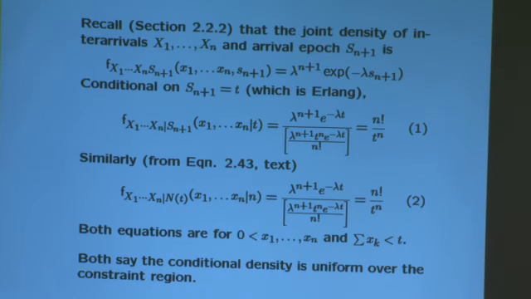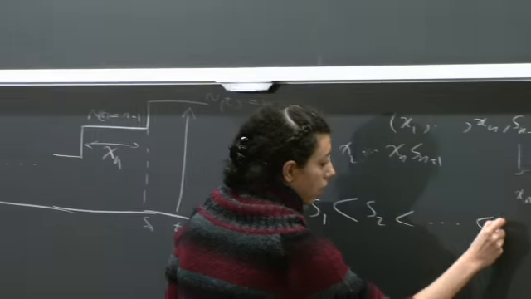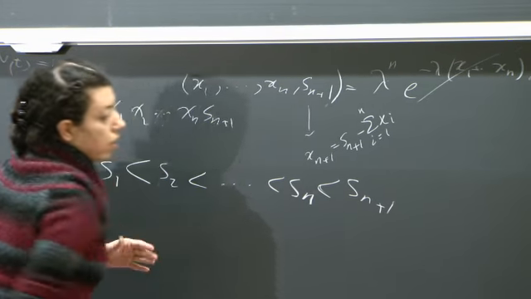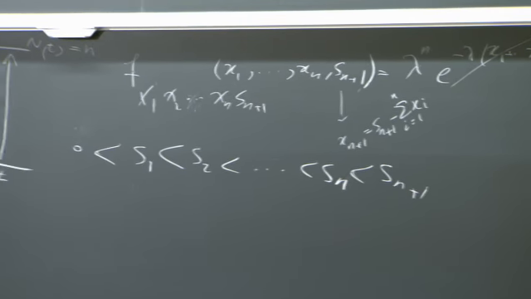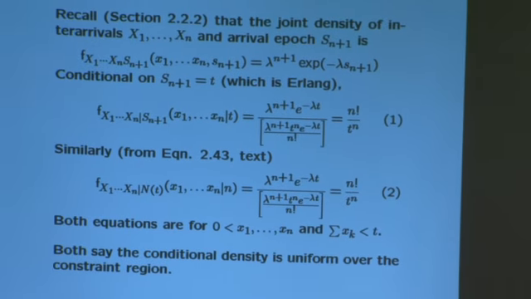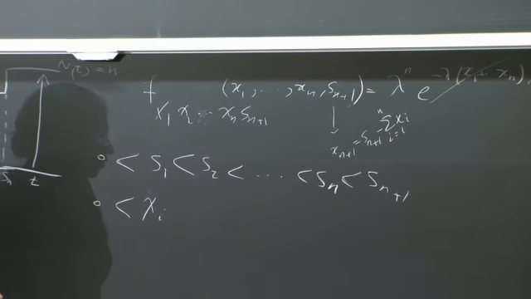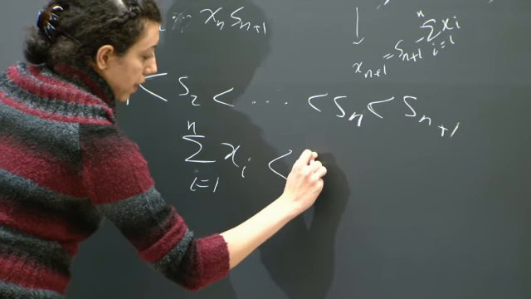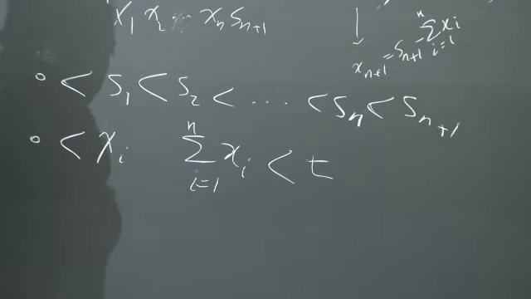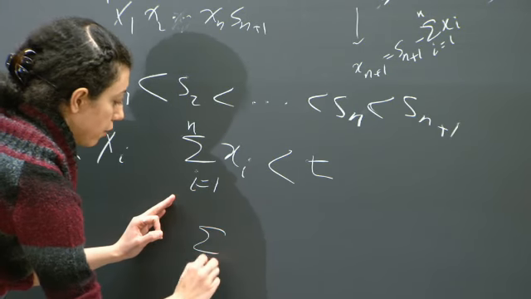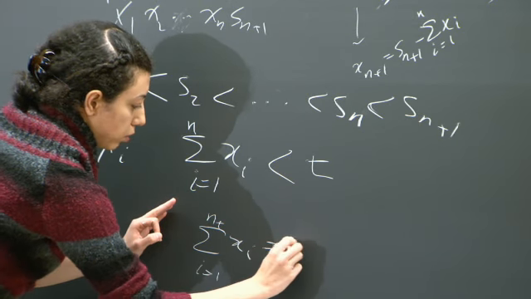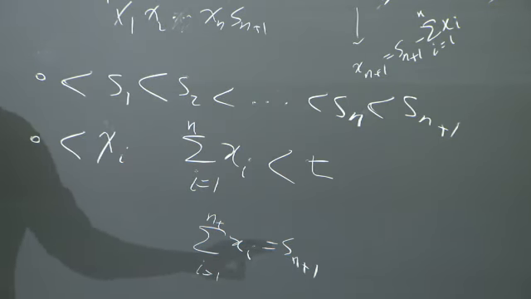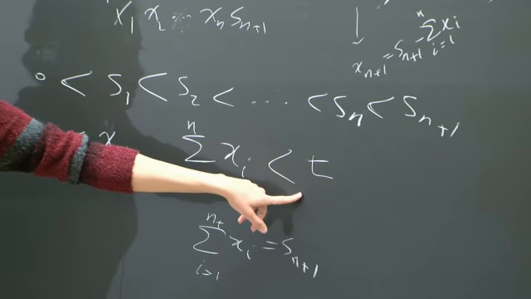Previously, the constraint that we had was that we should have ordering over the arrival times. Because of this constraint, we had this n factorial, if you remember, from the order statistics that we talked about. Now here, all the inter-arrival times should be positive, and the summation of them should be less than t, because you know that the summation up to n plus 1 is equal to S_{n+1}, and the last term is positive.